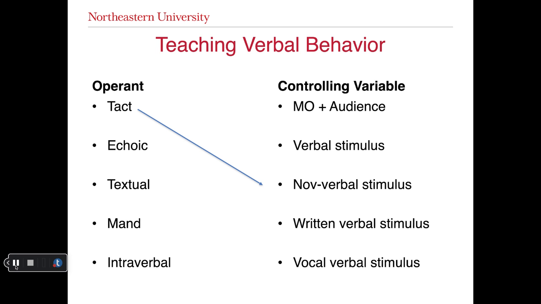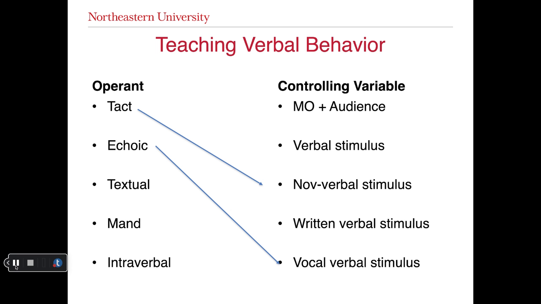So if everybody's looking for the best option for controlling variables, I hope you said vocal verbal stimulus, because the mode or the form of echoic behavior and echoic stimuli are vocal.